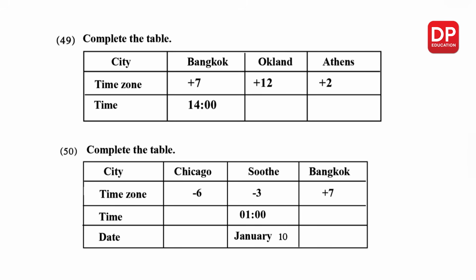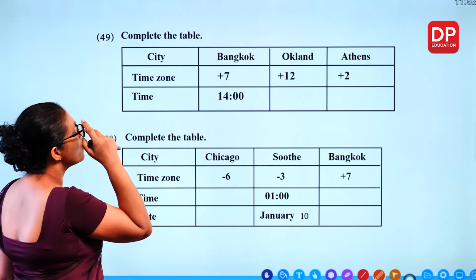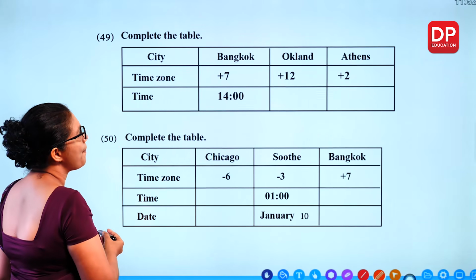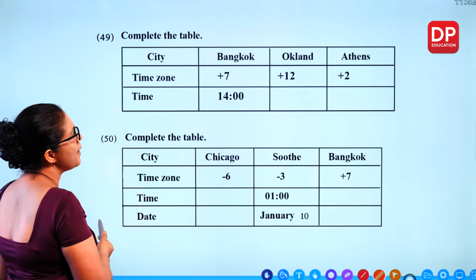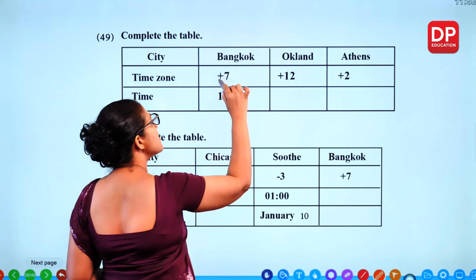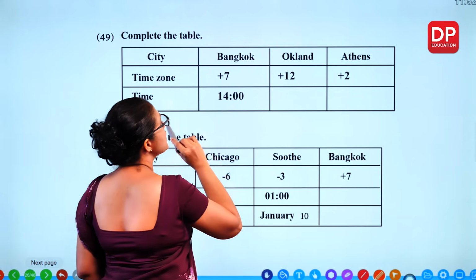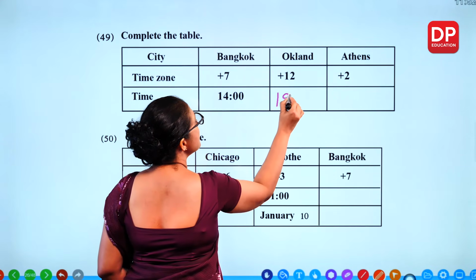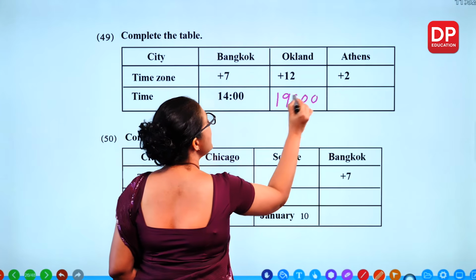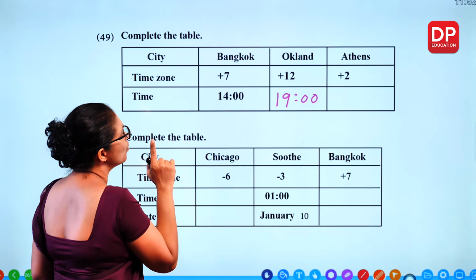Complete this table. The time zone given in Bangkok is plus 7, and the time is 2 p.m. 14 means 2 p.m. Auckland, that's plus 12. So what's the difference here? You are adding 5. 14 plus 5, 19. That's 7 p.m. Athens, plus 2.